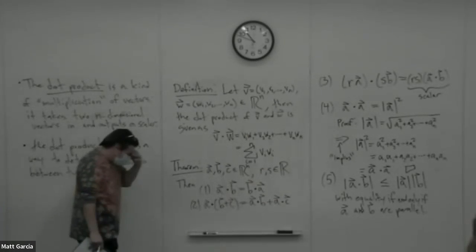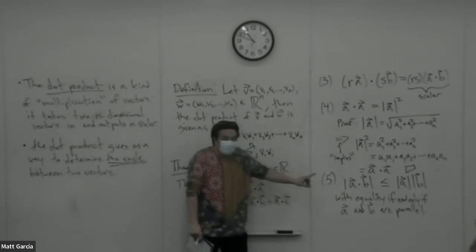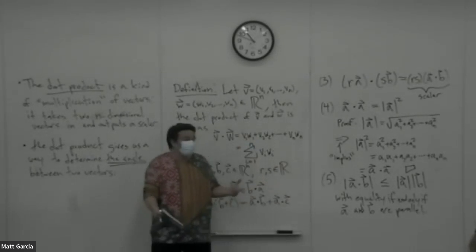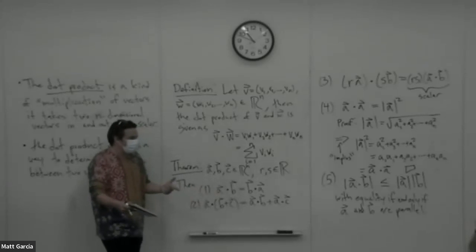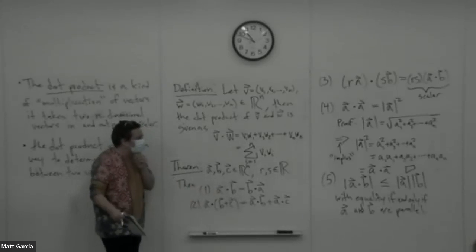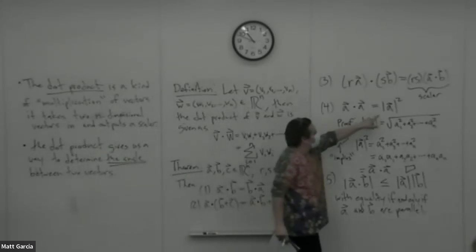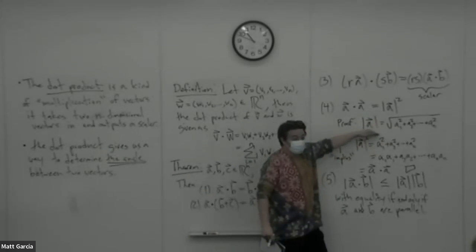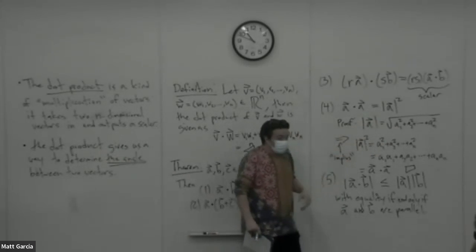Okay, so there's an important note here. Double bars is familiar from working with real numbers, right? This is absolute value. But here we've taken double bars of a vector. I told you that this is the magnitude of the vector, right?